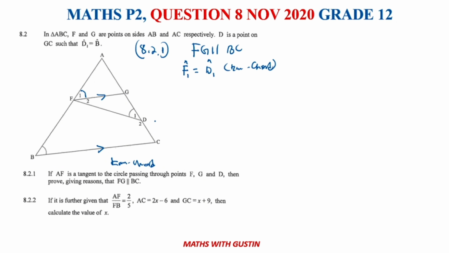And then we are also told that D1 is equal to B. Okay, so this is given to us. So therefore F1 is equal to B. Therefore, if this is the case, it simply means FG should be parallel to BC.